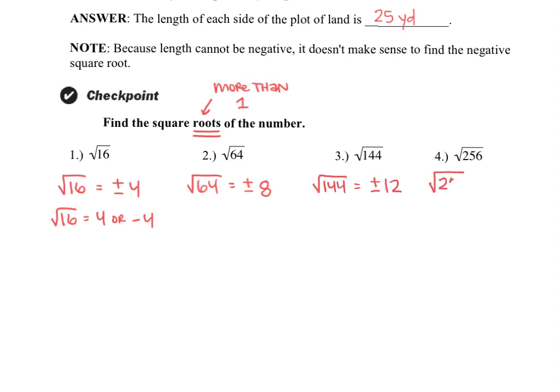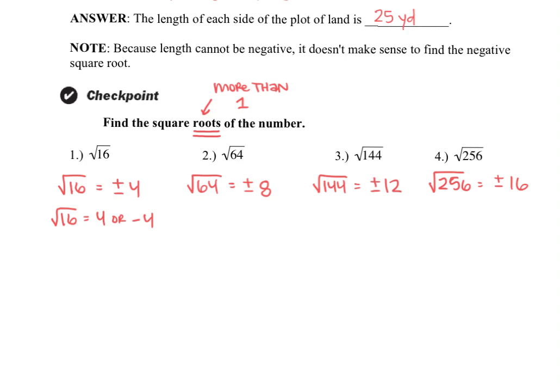So the square root of 256 would be plus or minus 16. All right, now if you notice, all of these came out to nice, pretty numbers. I want you now to type into your calculator the square root of 10. Ooh, that one didn't come out so pretty, right? And that's because there is no whole number times itself that equals 10.